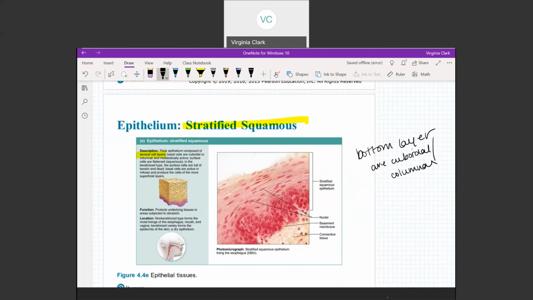It is the top layer that is squamous. So there's so many of these guys that this top layer right here is our flat pancakes. But down here you can see how they have a little bit of a different shape. So stratified squamous is named for that top layer of cells where they are flattened.